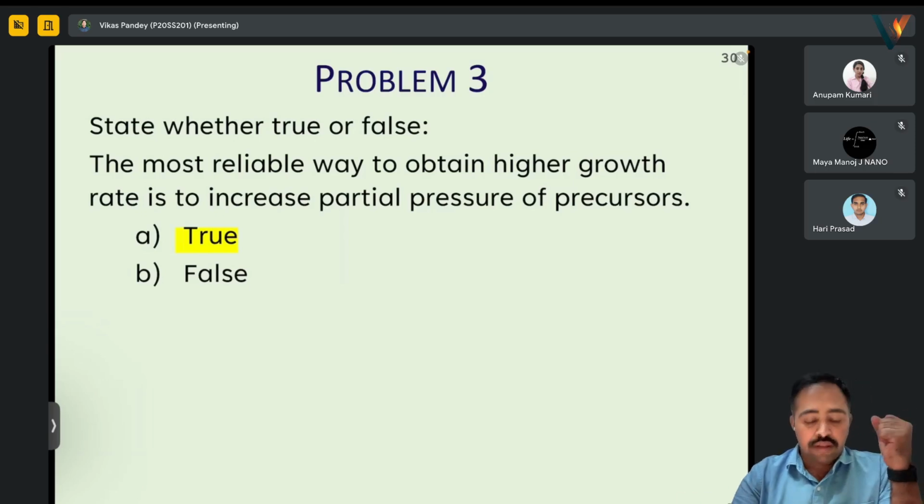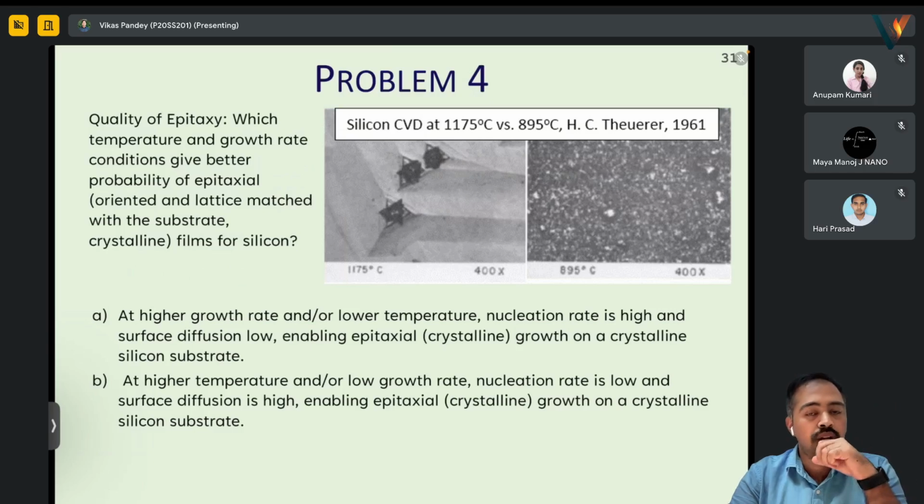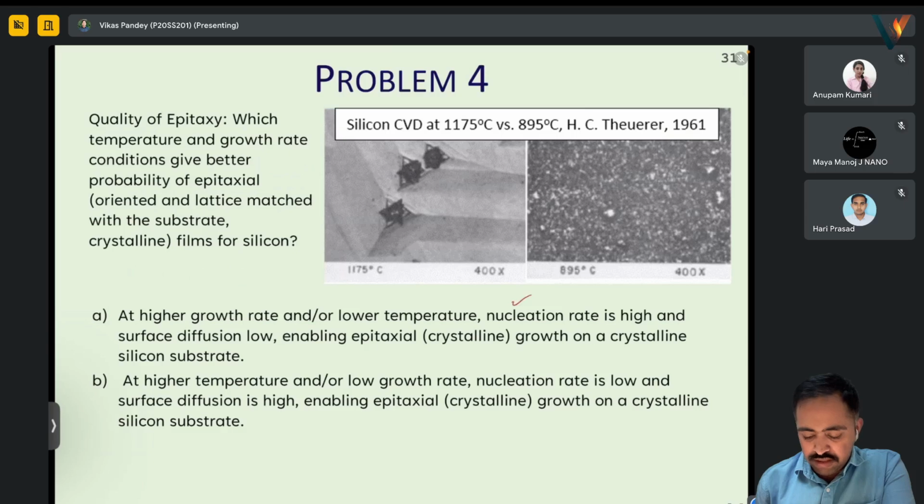Okay. Now let's come to this question where it talks about the quality of epitaxy. Which temperature and growth rate conditions are given? See this.